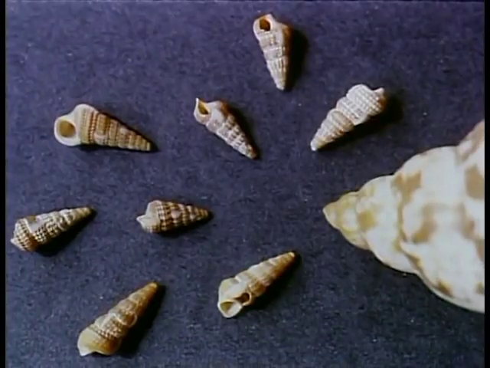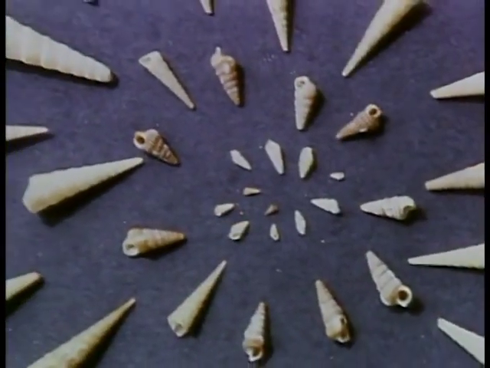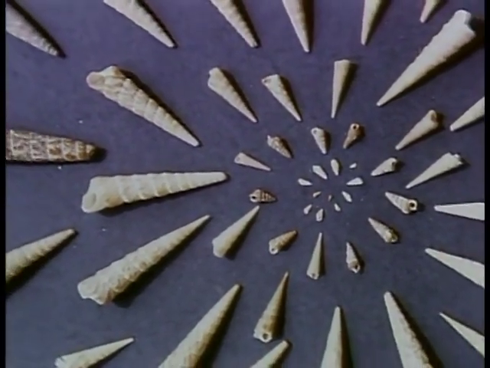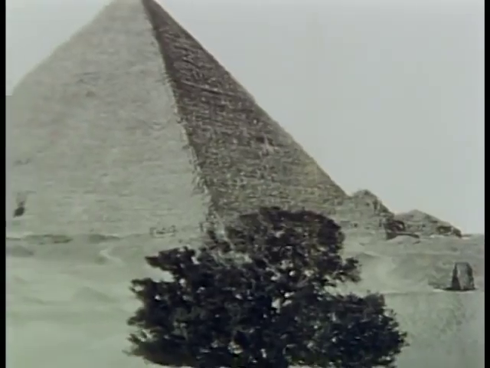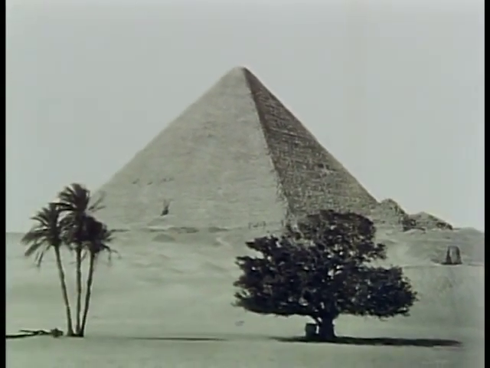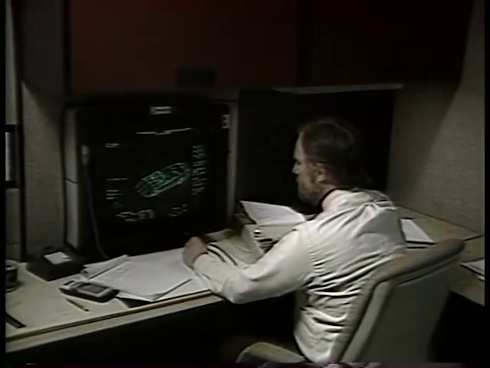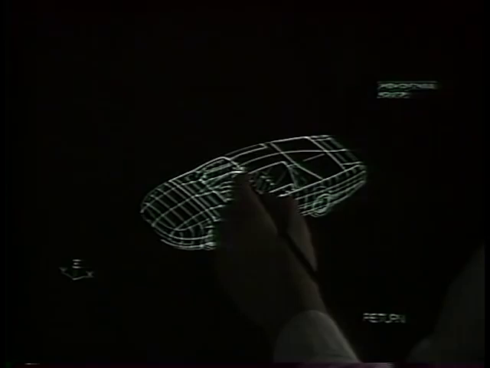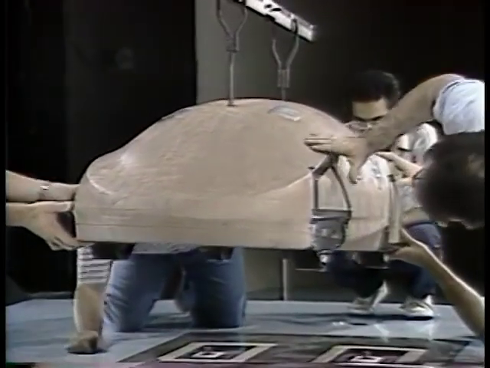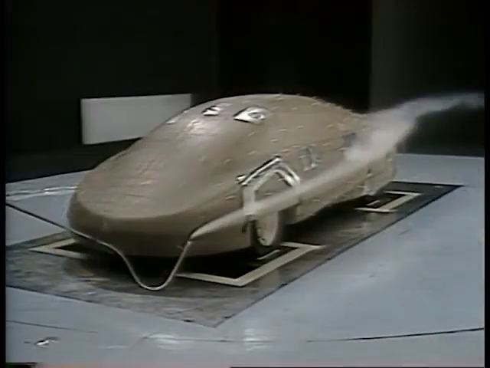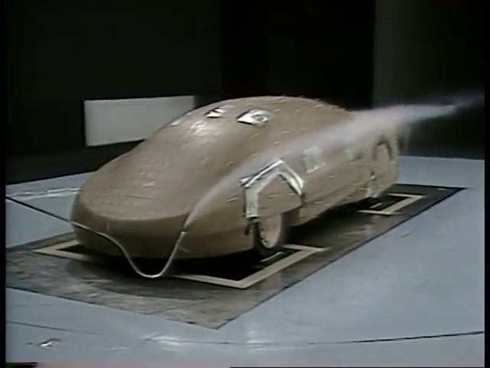For example, families of seashells come in different sizes, but have very nearly the same shape. The little pyramid on the right is dwarfed by the giant pyramid of Cheops, but it has the same shape. When they design new automobiles, engineers build scale models to check airflow and measure wind resistance.